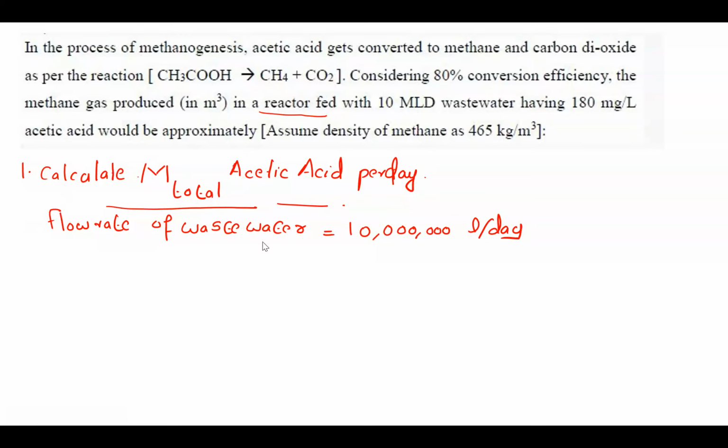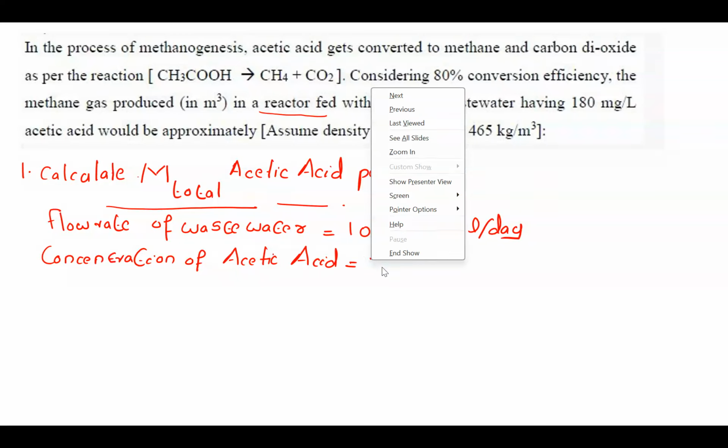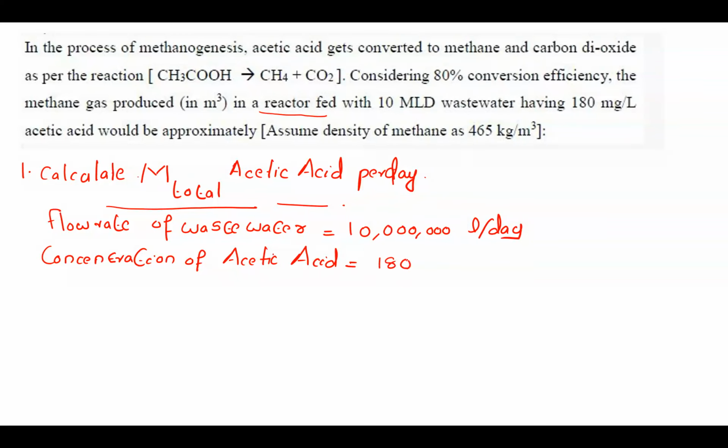And now the concentration of acetic acid. What is the concentration of acetic acid here? 180 milligram per liter.